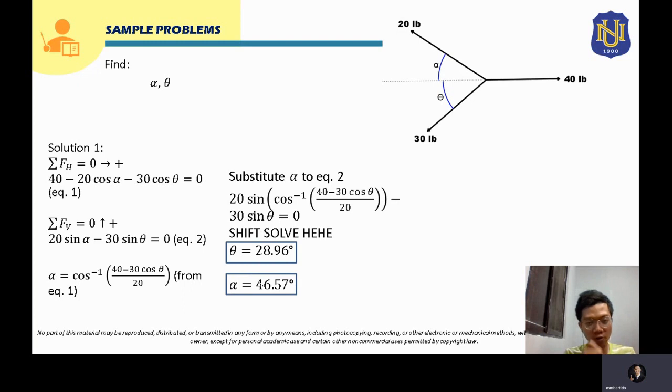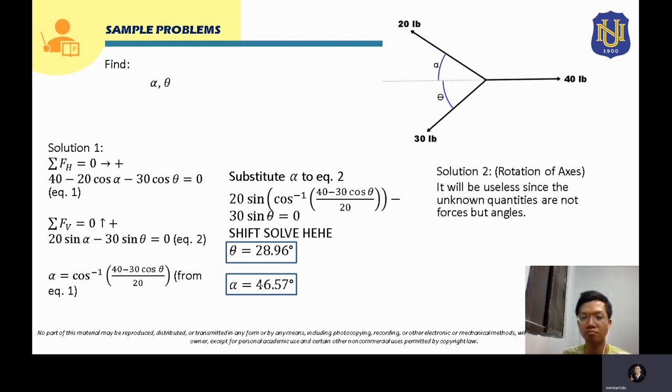So that will now be the value of alpha. From the figure, our theta is 28.96 and our alpha is 46.57 degrees. So this can be validated, and these values are logical. So this will now be the value of theta and alpha.